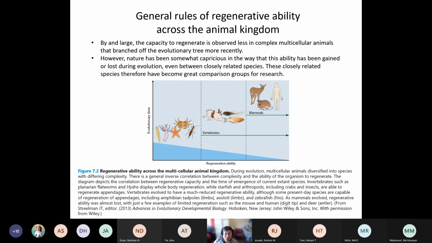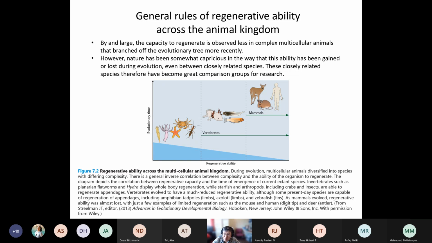Each piece will give rise to a complete new individual. So that's the amazing regenerative power there for some species. Amazing. Because before I taught this course, I didn't know there were such creatures in existence.